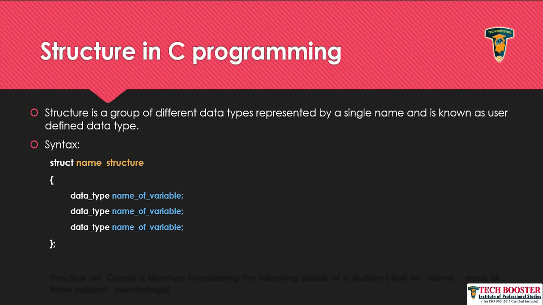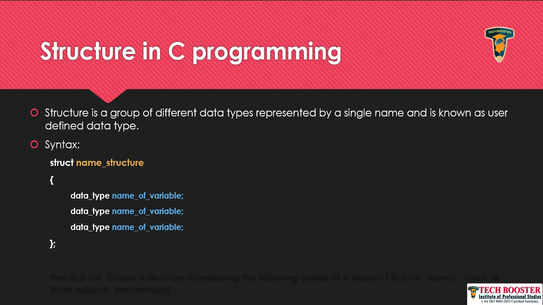Now after naming your structure, you need to use this curly bracket, and within this curly bracket, you can consider any data type along with a variable. Like you can consider int roll number, you can consider float percentage, you can consider a string like char name. In that way, you can define your structure, or create your own data type.